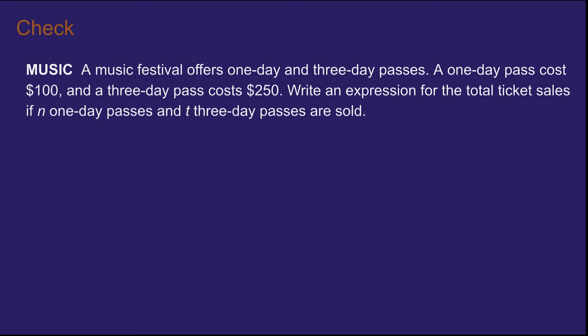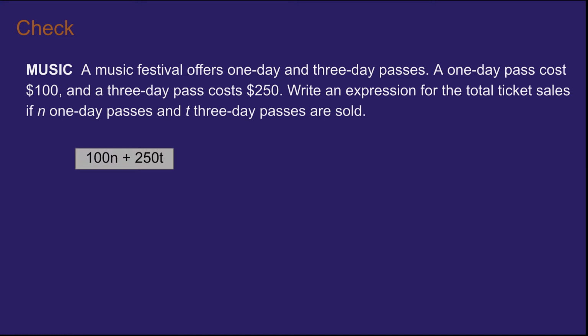Check your understanding of writing an algebraic expression. Read through the situation. Write your expression for the total ticket sales if N 1-day passes and T 3-day passes are sold. Pause the video now and complete the check. Check your answers.